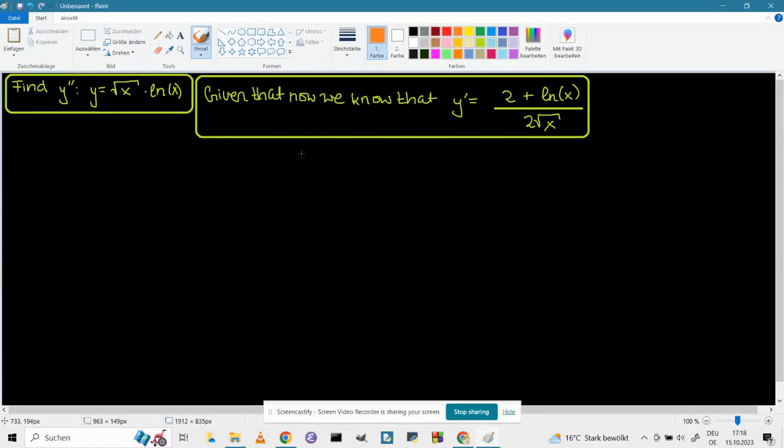Okay, so now what we have is dy dx of y prime, and that's going to be dy dx of our new formula that we just derived, 2 plus ln of x over 2 square root x. So what do we use? We use the quotient rule.